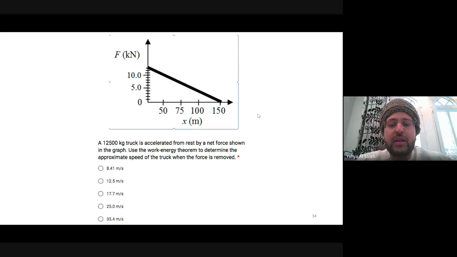Use the work energy theorem to determine the approximate speed of the truck when the force is removed. So we're applying this much force as in the diagram. What is its velocity due to this force? I'll give you a minute to try it out.